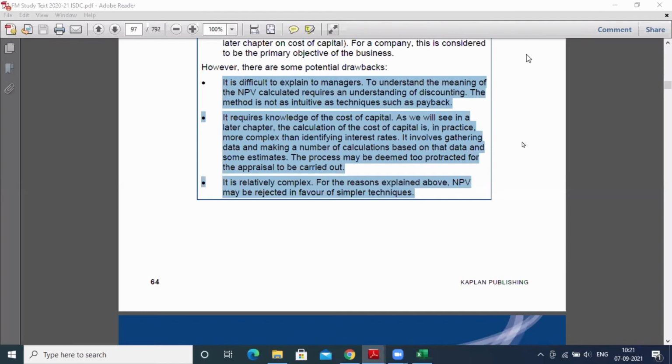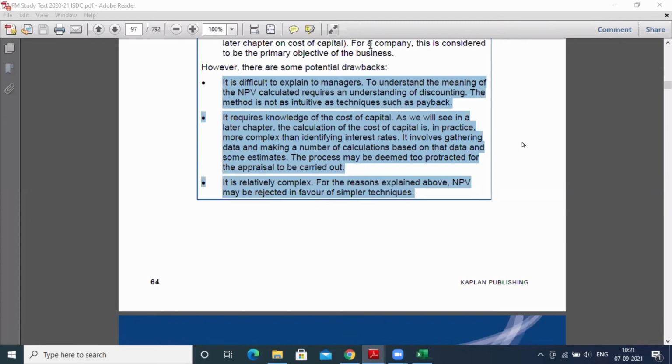Very good question, Jero. Yeah, in spite of all these drawbacks, NPV is considered as a superior method. So in practice also, we will be using the net present value for making the investment decisions. In this NPV also, there are certain elements which are to be considered.